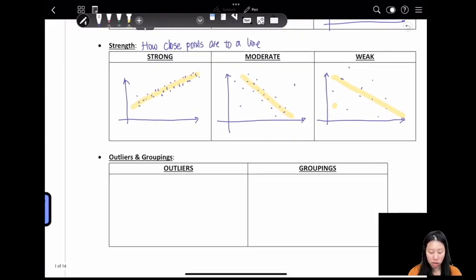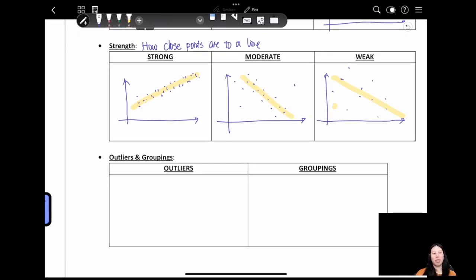Okay, so what are outliers and grouping? Outlier, do you remember outlier? When it comes to a normal distribution, if it's 2 standard deviations away, we call that an outlier. And when it comes to a skewed distribution, do you remember the five-number method?